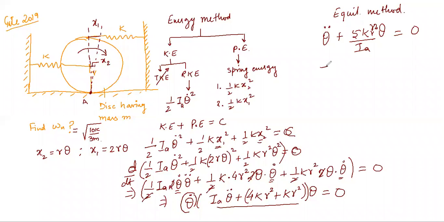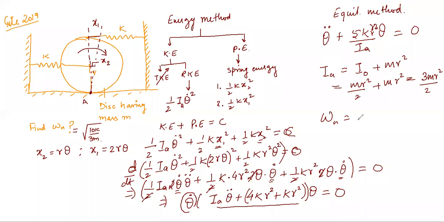Then what is your IA? That is I, the moment of inertia about the center, plus m times the distance square. So this can be written as m r square by 2 plus m r square, which equals 3 m r square by 2. Omega n can be written as the square root of 5 k r square by IA.